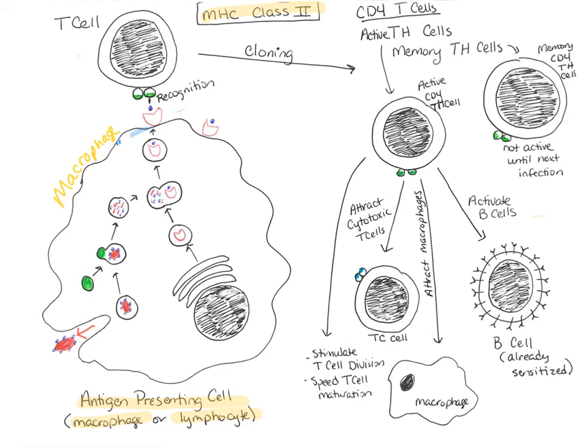It engulfs it. The bacteria then, that vesicle joins with a lysosome and then gets broken down into little antigenic parts, right? The nucleus produces the MHC class 2 protein. The endoplasmic reticulum packages it up into a vesicle.